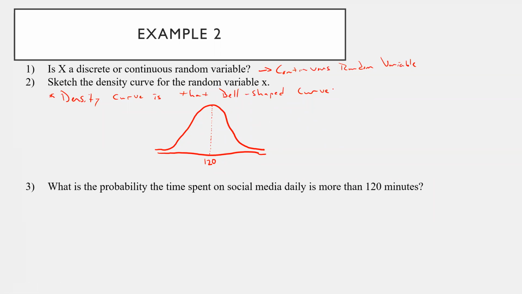Just recall the mean was 120 and the standard deviation was 30. So I'm going to add a standard deviation: 120 plus 30 gets me 150. I add another one, I get 180. I add another one, I get 210. And now I'm going to subtract standard deviations on the other side. I'm going to go 90, 60, 30. Okay.